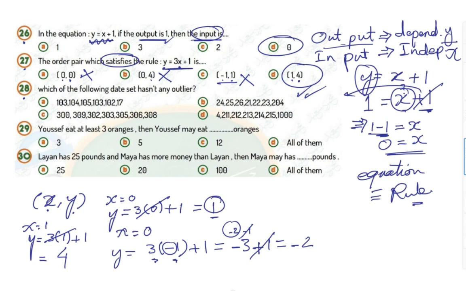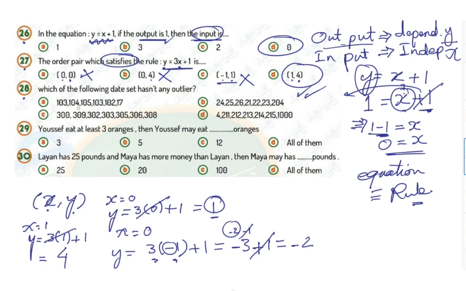28. Which of the following data sets does not have any outlier? What's an outlier? It's a different number, a far number. Between all the numbers or values and some value, there is some gap, a big space between all the values and this value.